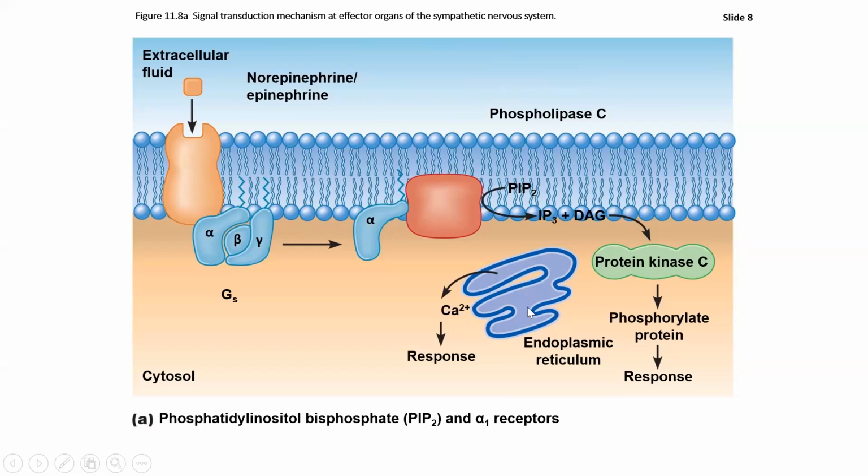IP3 is going to trigger the release of calcium from its storage area in the ER, and that will bring about another means of a cellular response, okay? And so this is what happens when norepinephrine binds to an alpha-1 receptor. And this is the only receptor that uses this sequence of events, the only receptor that uses IP3 and DAG.